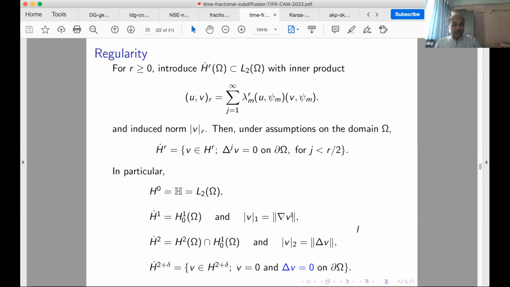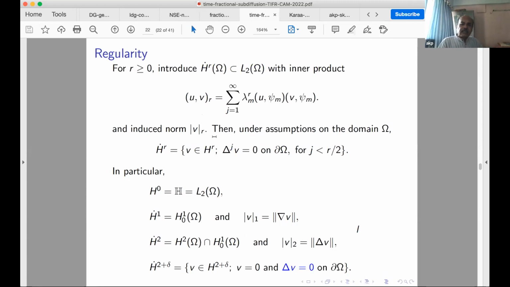For that, I am going to define some space H dot R through these eigenfunctions. So H dot R is written in terms of eigenfunctions, lambda_m to the power R, and you have an induced norm you can find in terms of this. When v is equal to u and you take the power half, this is going to be the induced norm.